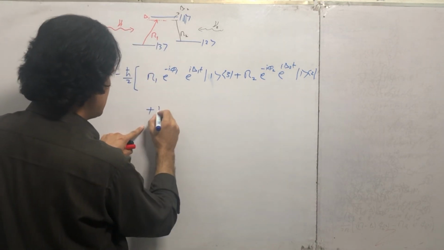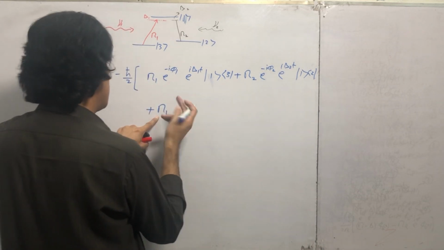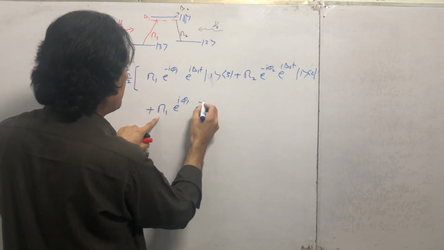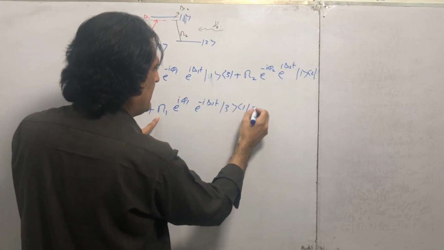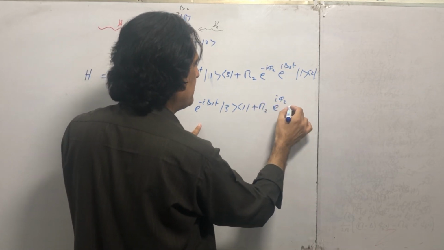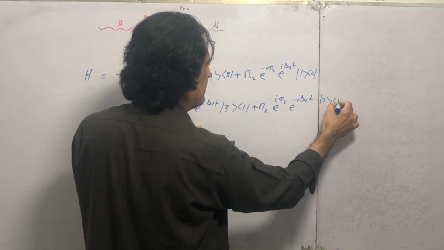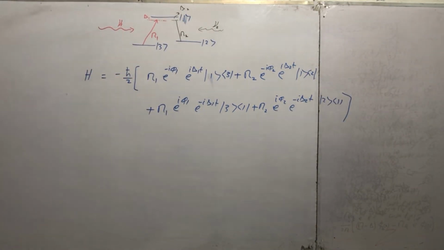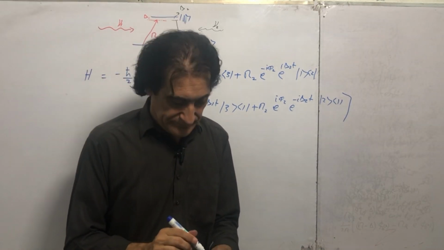So the conjugate of this is equal to Ω1, if it is real, then we can say Ω1 and e^(iφ1) e^(-iΔ1t), this is |3><1|, plus Ω2 and e^(iφ2) e^(-iΔ2t), and this is |2><1|. So now it is very easy to write the Hamiltonian for a very complicated system as well.